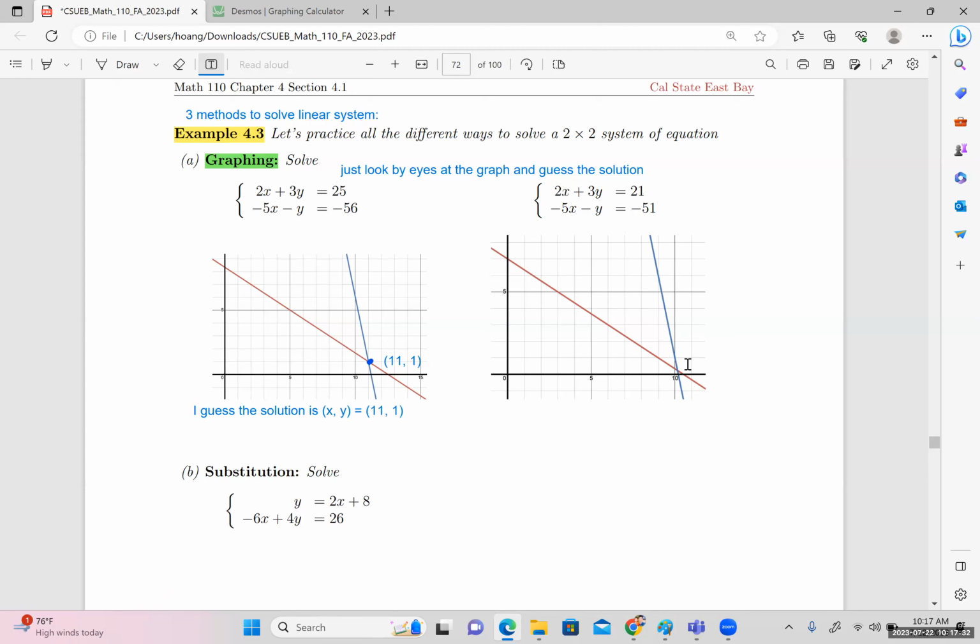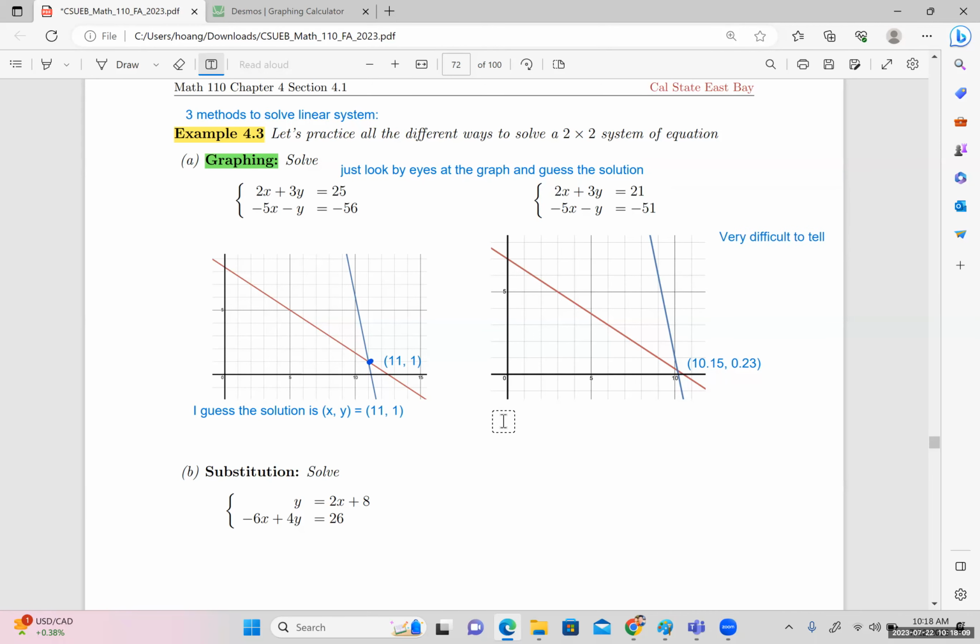As you can see here, maybe I would say 1.5 and maybe 0.23, right? Because who knows, for this one it's really hard to see. It was very difficult to tell.